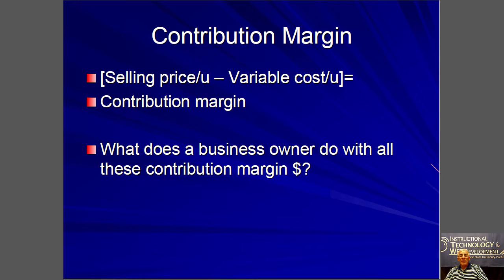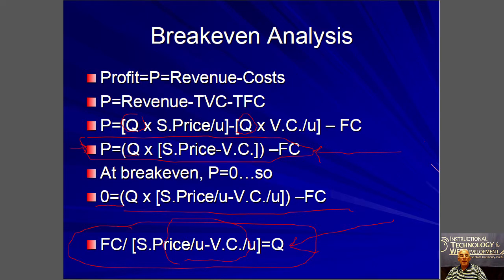What does a business manager or owner do with all the contribution margin he gets from selling a lot of units? If he sells 1 unit, the contribution margin is the price minus the variable cost. If he sells another unit, the contribution margin is the selling price minus the variable cost per unit.